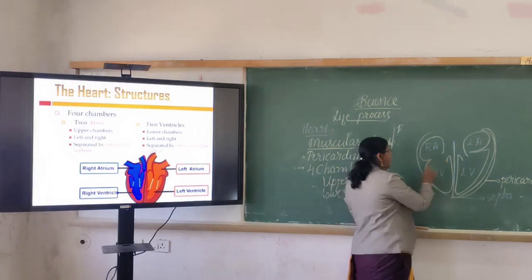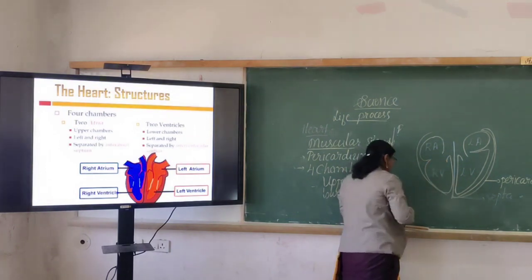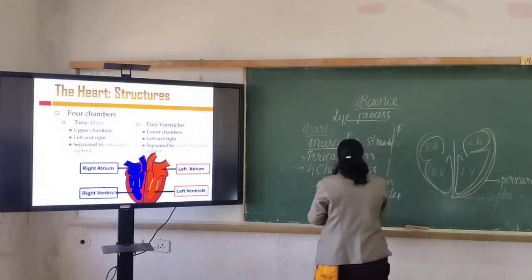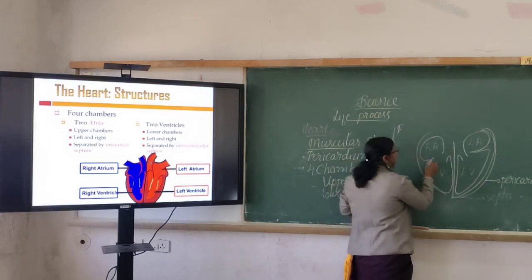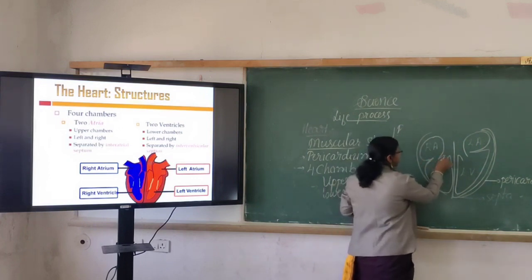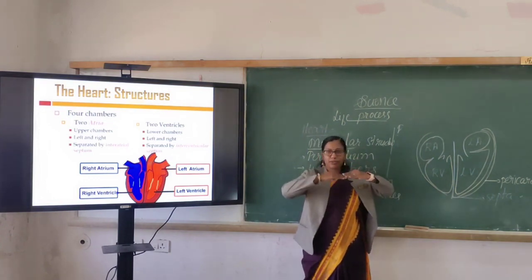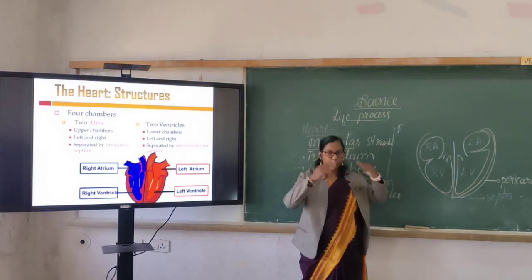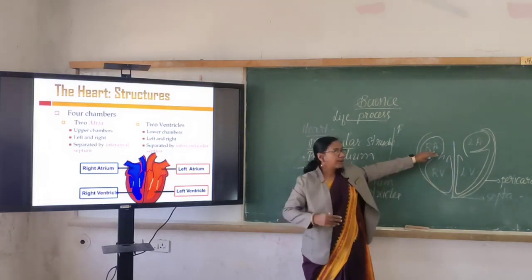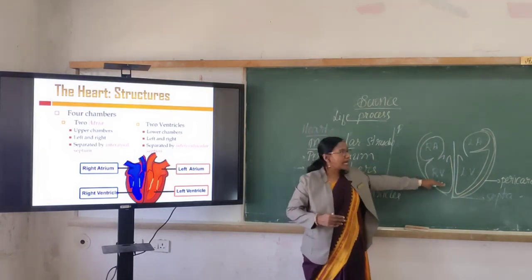So how are they separated? They are separated by valves. There are kind of doors which close and open, the gap between auricles and ventricles.